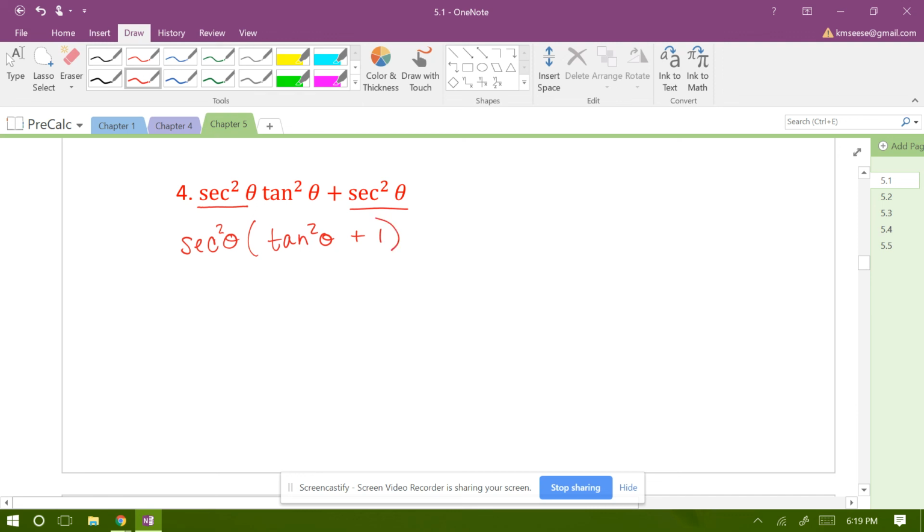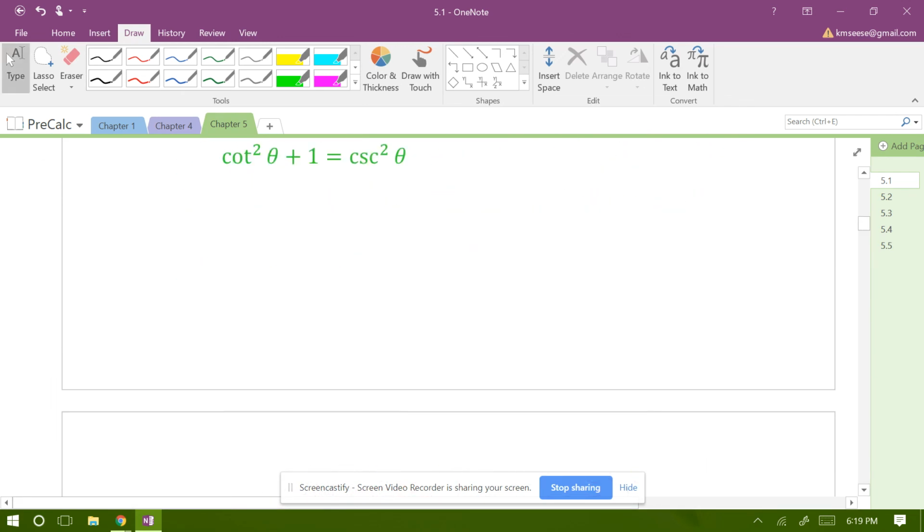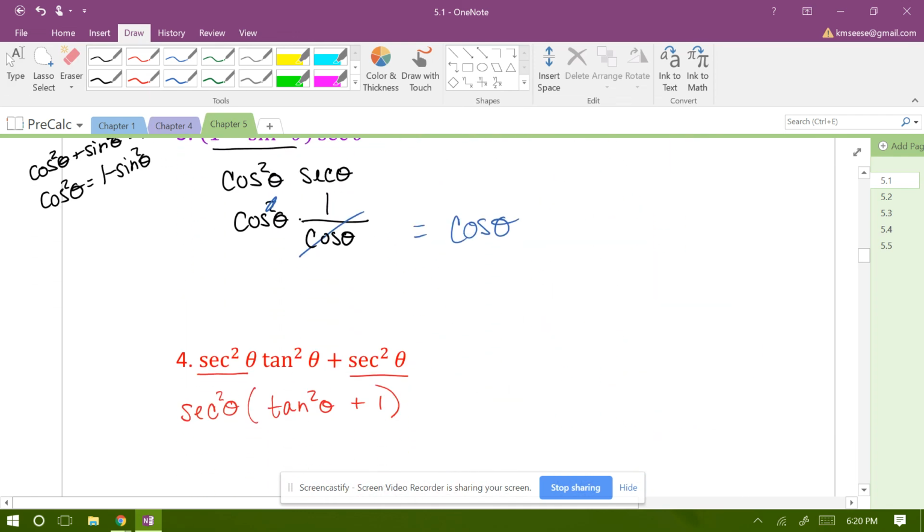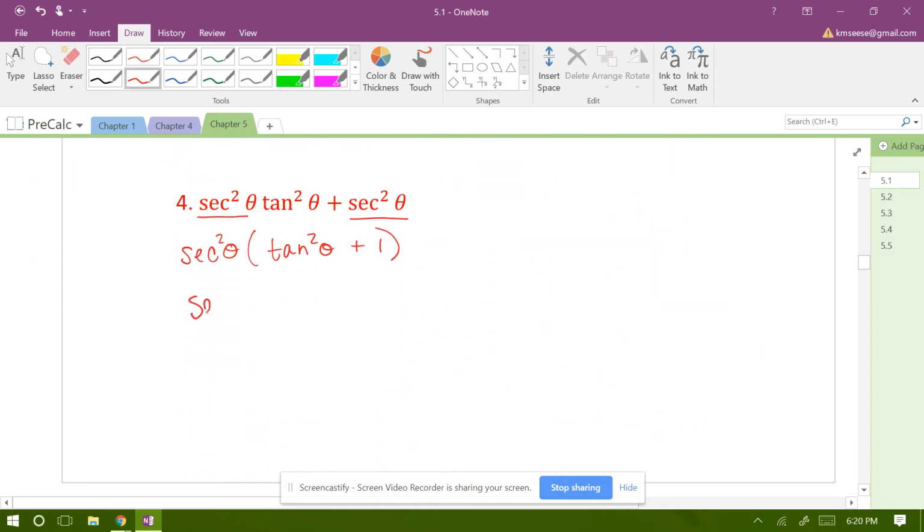Whenever you see trig functions that are squared, you kind of want to take that as a hint to look for your Pythagorean identities. So I see right here that tangent squared of theta plus 1 is secant squared of theta. So this is actually secant squared of theta times secant squared of theta, which is no different than x squared times x squared giving you x to the 4th, so secant to the 4th of theta.